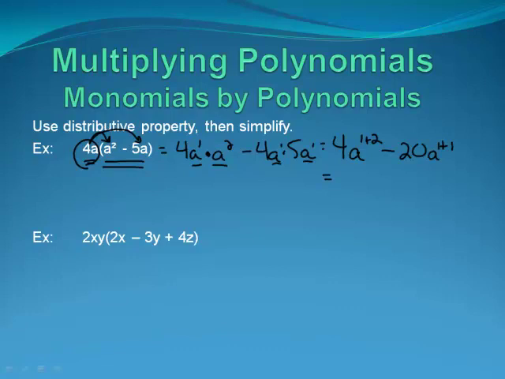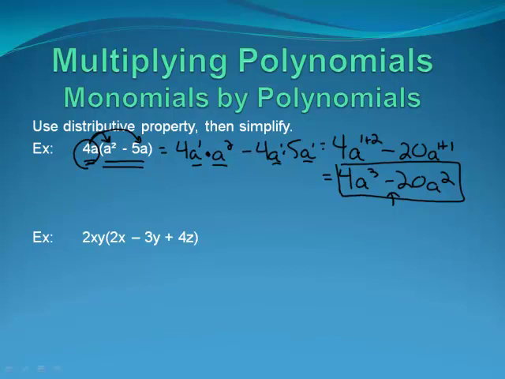And if we clean all that up, we've got 4a cubed minus 20a squared. The operator between those two monomials is subtraction, so you need like terms. You don't have like terms, so that's as far as you can go for that particular multiplication problem.